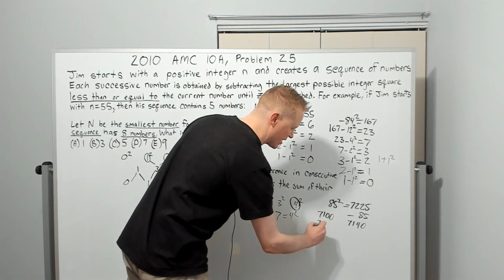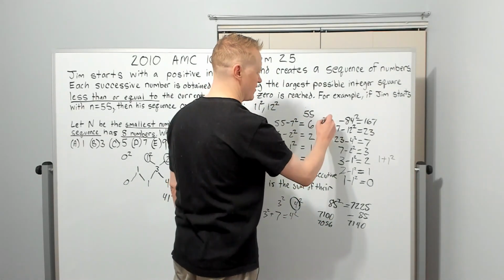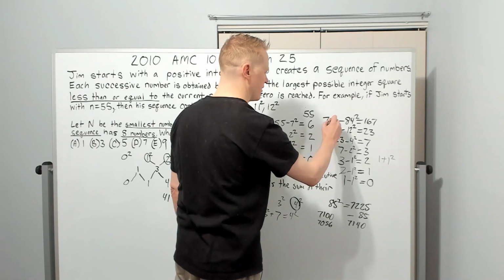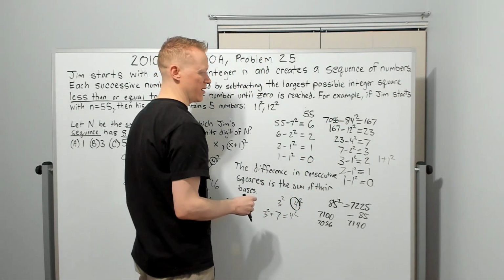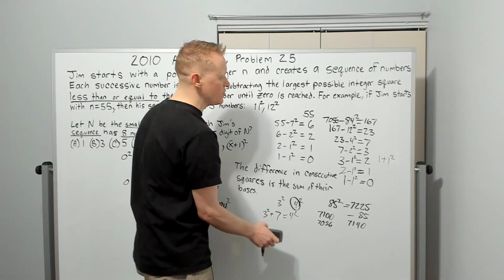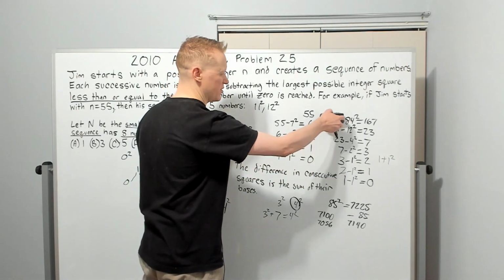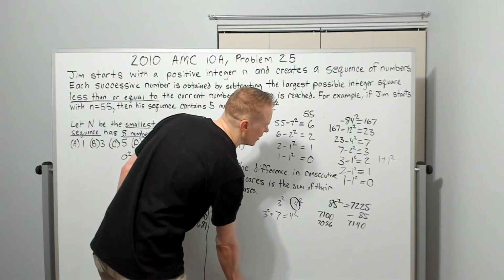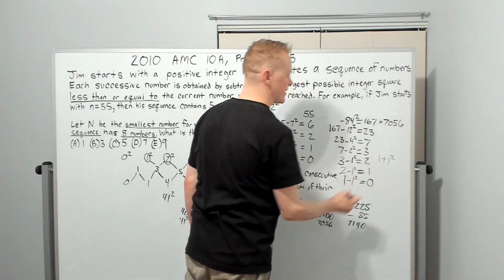So it would be 7056. So 7056 would be here. Wait, I have to subtract 84 squared. Yeah, hold on, how does that work? I actually need to use 84 squared. So 7056 is 84 squared. Well, I just needed the number to add it. That's what it was. Add 7056 to this. My bad.